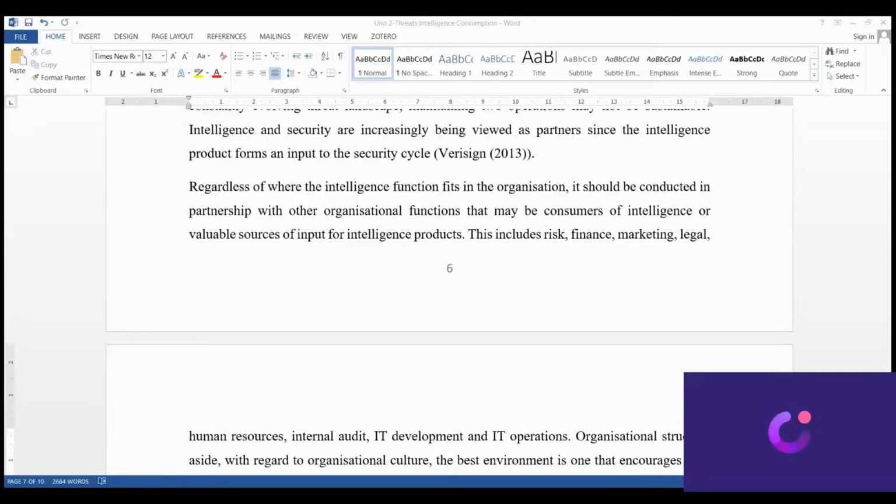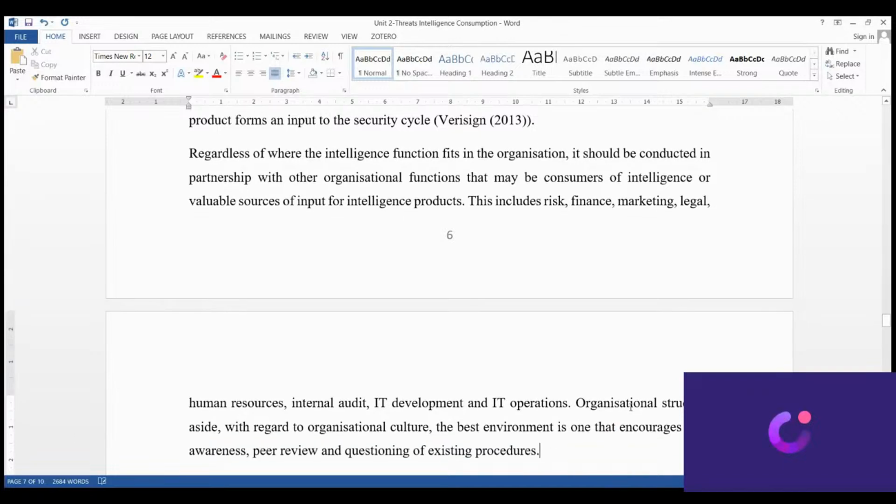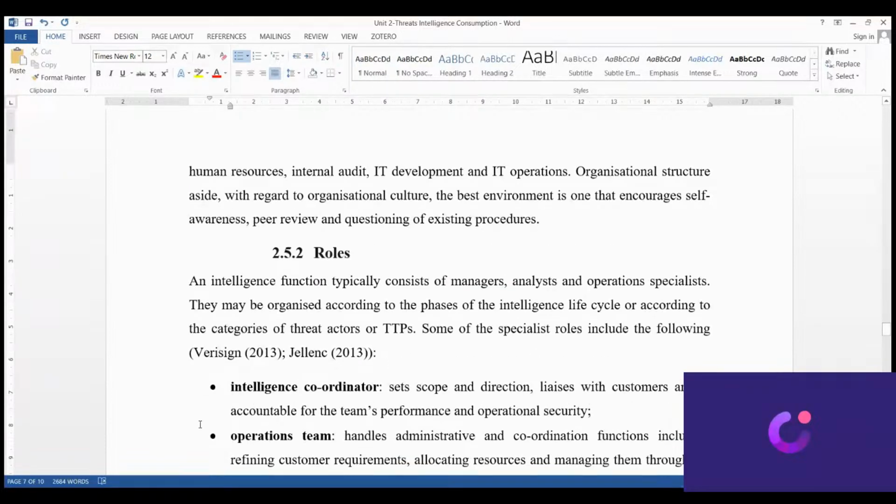So let's continue. We look at the roles. An intelligence function typically consists of managers, analysts, and operation specialists. So these are the key people that are part of performing intelligence functions.